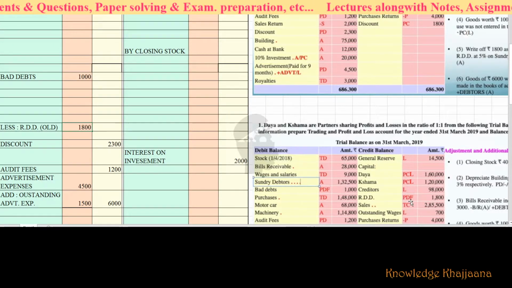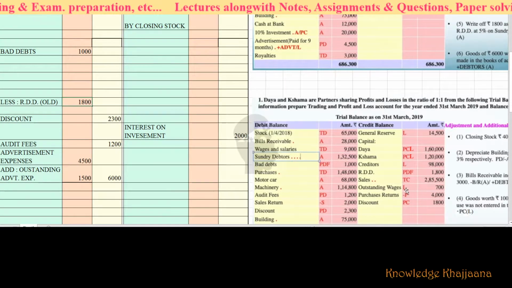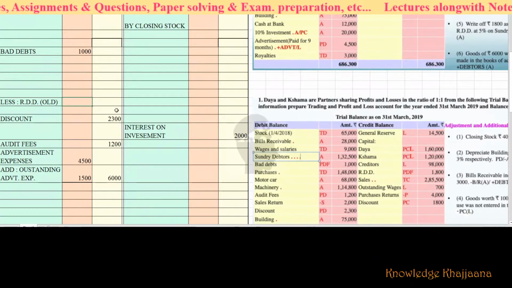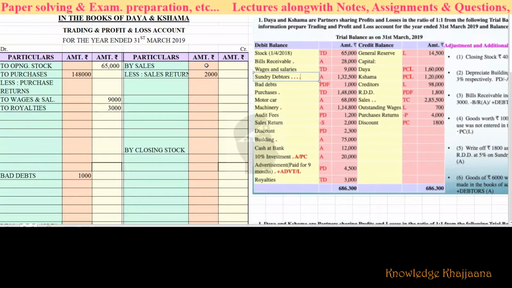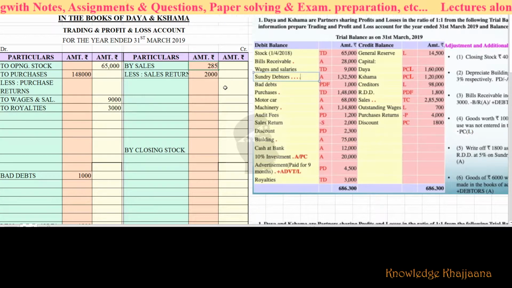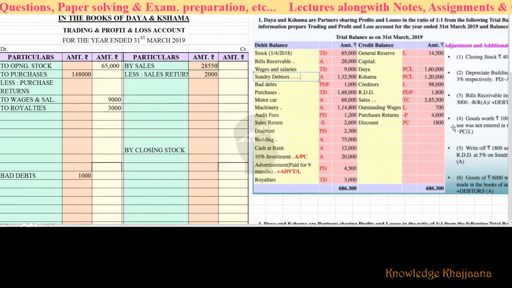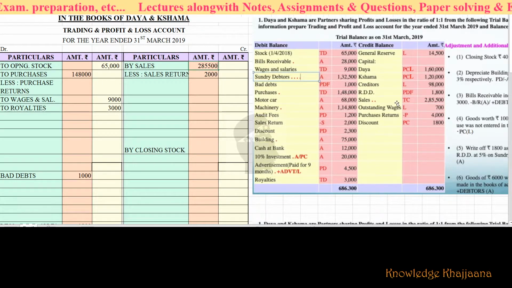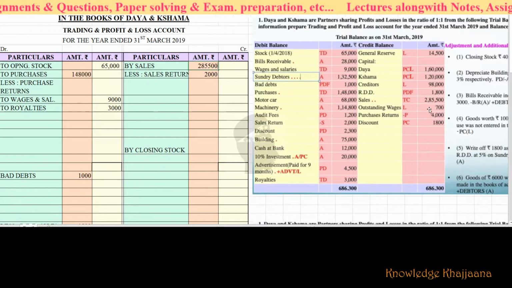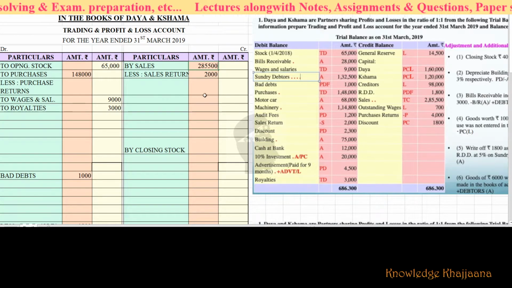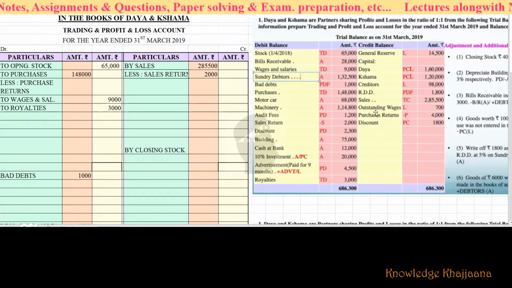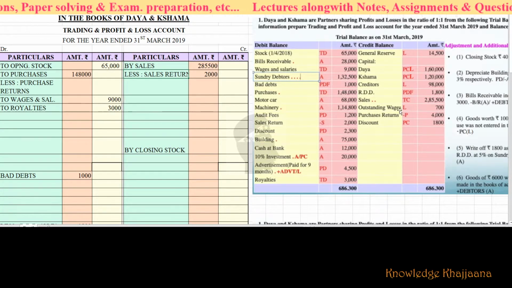Then sales. Sales will go to the trading account credit side. Sales value is rupees 2,85,500, trading account credit side. Then outstanding wages.